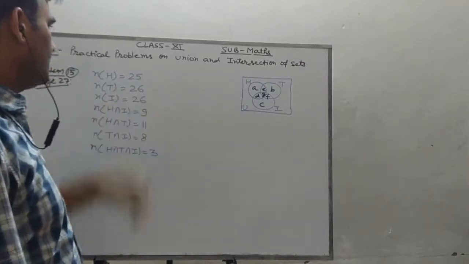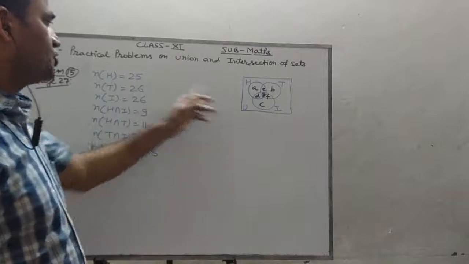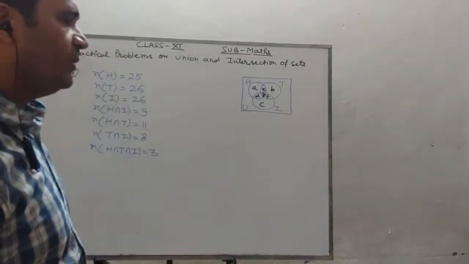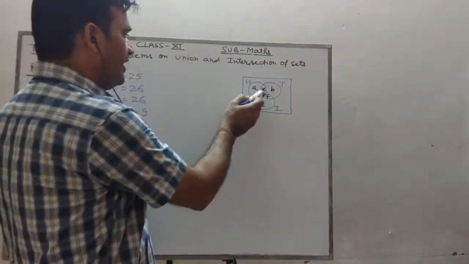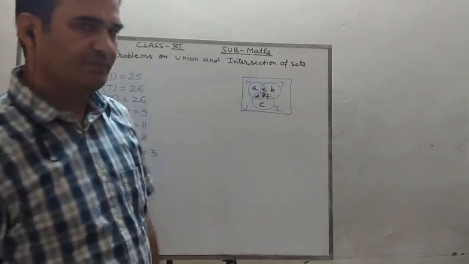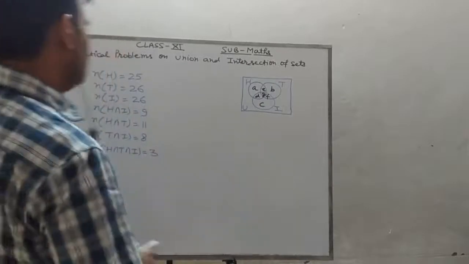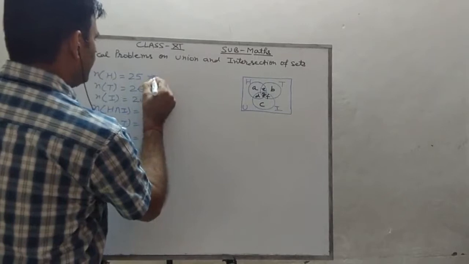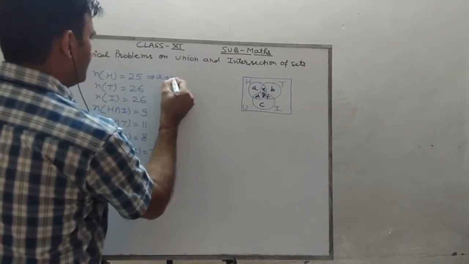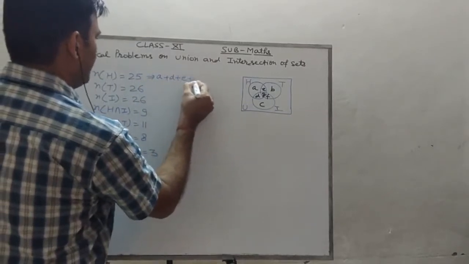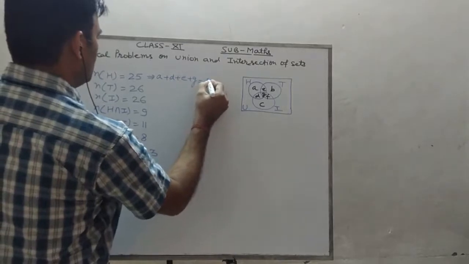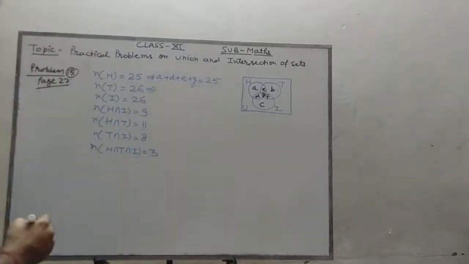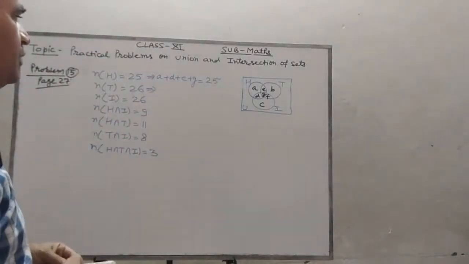As you are seeing, the number of elements in H is 25. So, how many elements are in H? A, D, E and G. So from here I can write A plus D plus E plus G equals 25. Similarly, n of T is equal to 26.